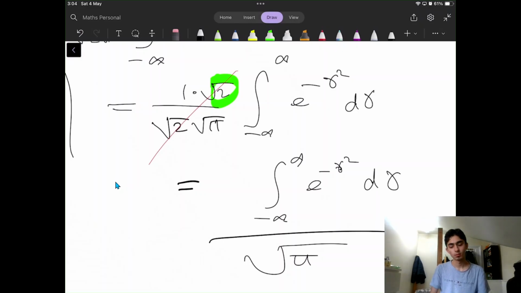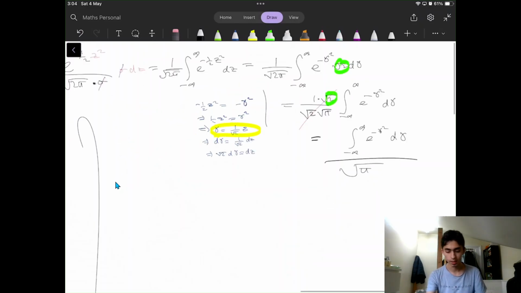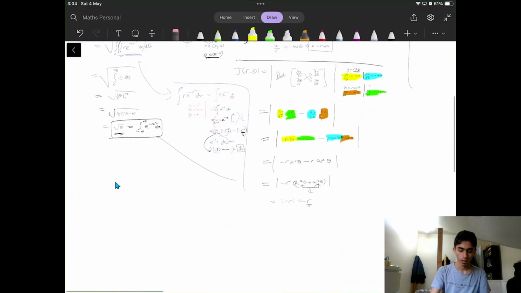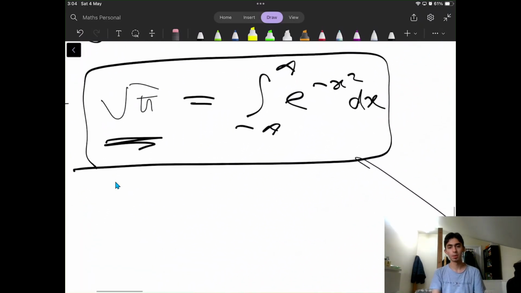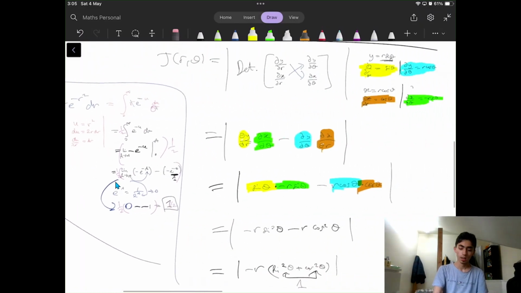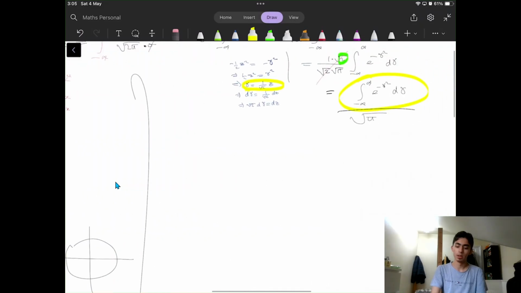Is this familiar? It is familiar, this integral over here. This integral is totally familiar because the integral from negative to positive infinity of e to the negative x squared dx is root pi. All we have is gamma instead of x, and that doesn't change anything because they're dummy variables. They can just be replaced with each other. No one cares about them. They're dummy variables because they're just going to be replaced by the integration limits anyway.